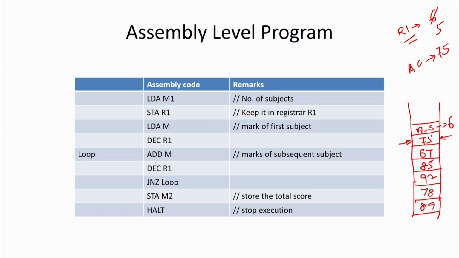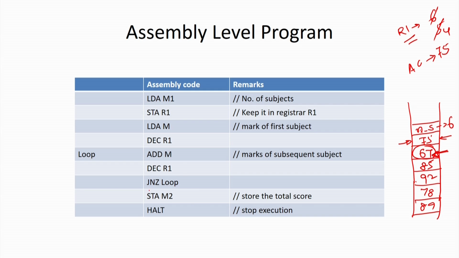Then what are we doing? Add m. What will add m do? It will take the contents of this particular memory location, 67, add it to the accumulator and store the result in the accumulator. So we have taken care of the second number. We decrement R 1, so now R 1 becomes 4.